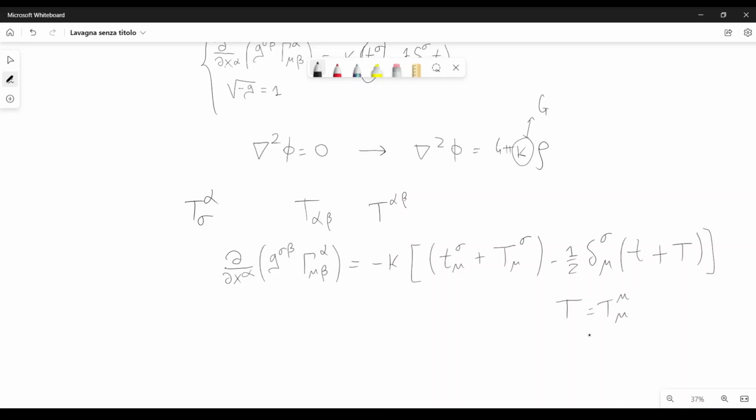Let me write it down. It's spelled like this: Laue, and it's called Laue's scalar.